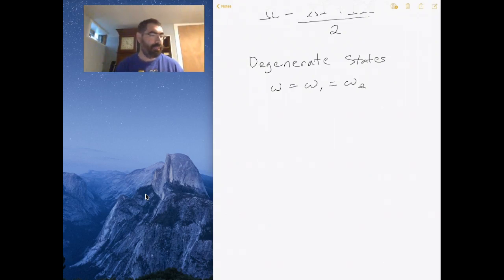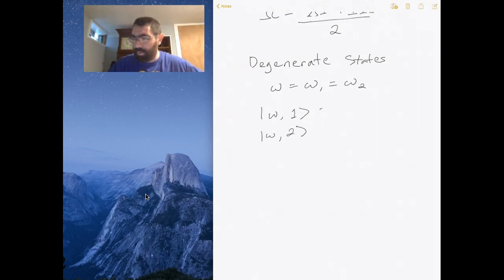And so one thing to consider is that when we're calculating the probability, we consider both of them. So I can write the two degenerate states as the eigenvalue is omega, but this is the first, or omega comma 2.